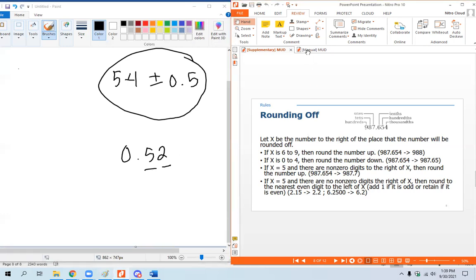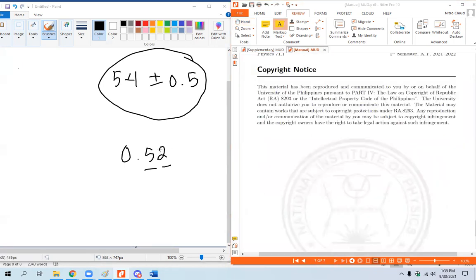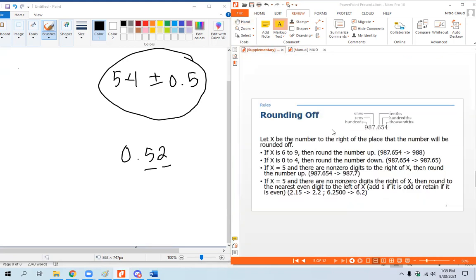Pero ang gusto nga nating rule ay one significant figure lang. Kaya i-round up natin. So, correct me if I'm wrong, I think yan, based on this rule. Pero baka mali ako. Double check nyo na lang.